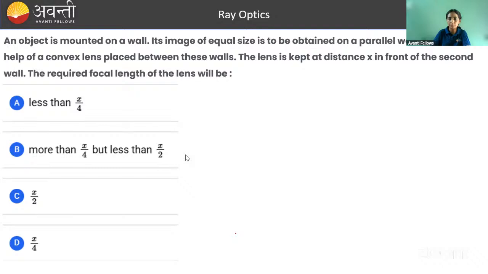You can vote in the poll if you have got the answer. Very good.